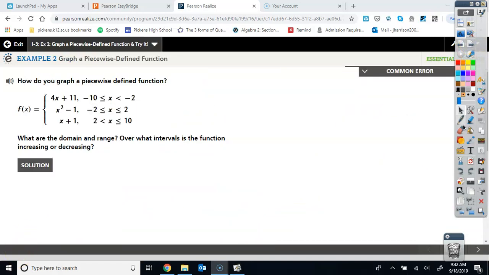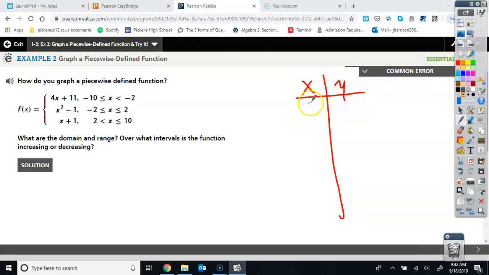So the next thing we're going to look at here is graphing a piecewise defined function. So notice that from -10 to -2, but not including -2, we're going to graph a linear equation, 4x plus 11. We would probably need to make a table of values and plug in some numbers like these to give us an idea of where our linear equation is.